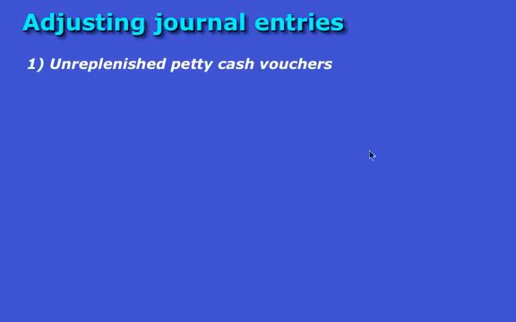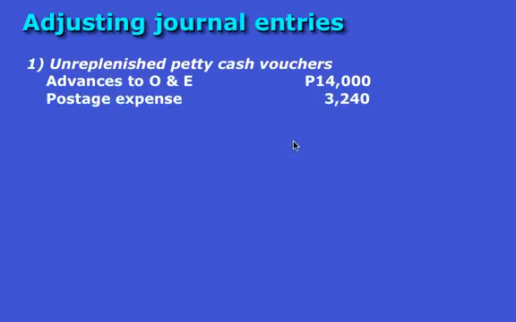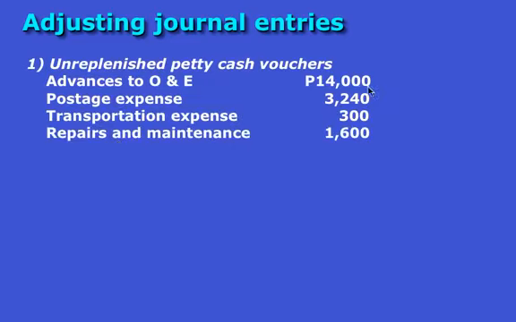So, yung cash advance, advances to officers and employees. The rest, expenses. Or, pwede nating specify: postage, transportation, repairs. Okay? Or simply, expenses. Credit, petty cash fund. So, hindi na replenish yung petty cash at the end of the period. So, dapat in-adjust yan.